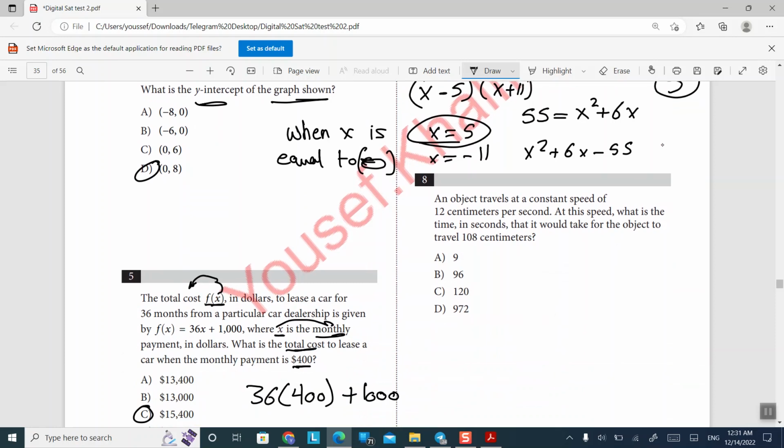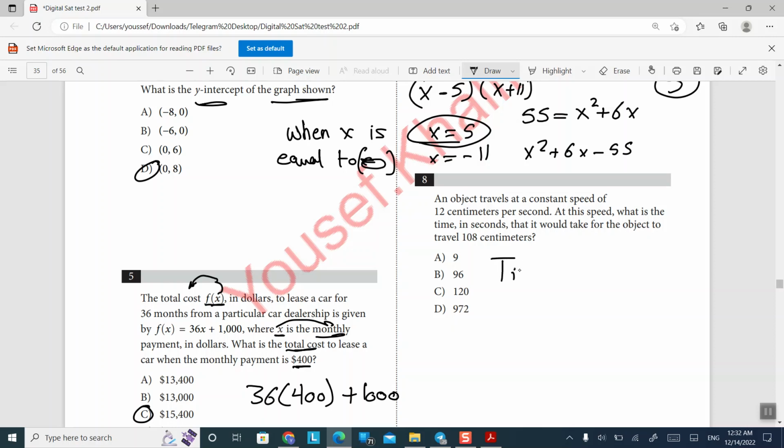Okay, let's move on. Here it says that an object travels at a constant speed of 12 centimeters per second. At this speed, what is the time in seconds that it would take for the object to travel 108 centimeters? So this question is more like a physics question that tests your physics knowledge, and here it needs to find out the time in which the object takes to travel 108 centimeters.